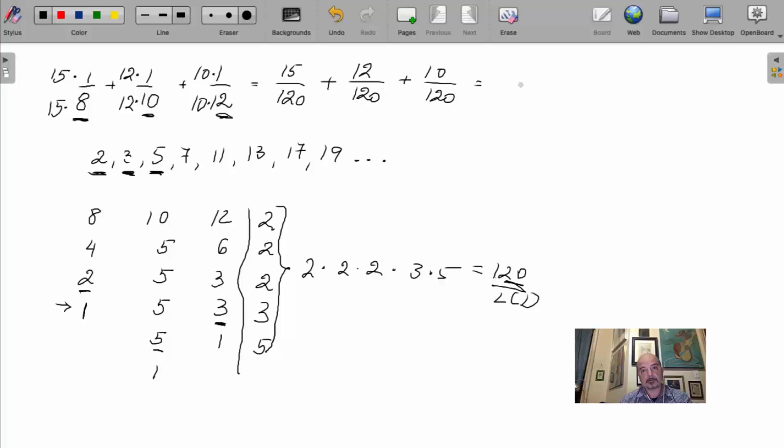And now since the denominators are the same, remember, when denominators are the same, you keep the same denominator and add the numerators. So in this case, we obtain 37 over 120 as the final answer.